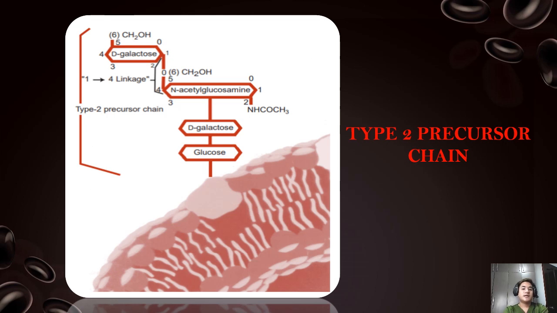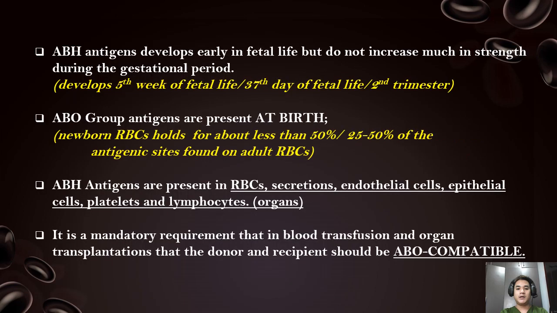So as you can notice, the carbon 1 of the terminal galactose is linked to the carbon number 4 of your N-acetylglucosamine, and that characterizes your antigenic orientation in a beta 1,4 linkage fashion.